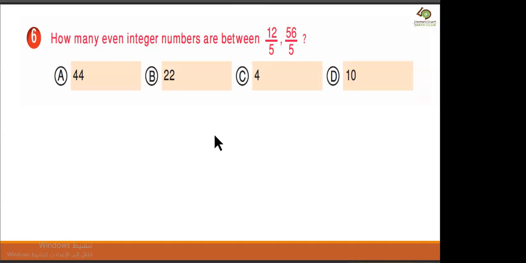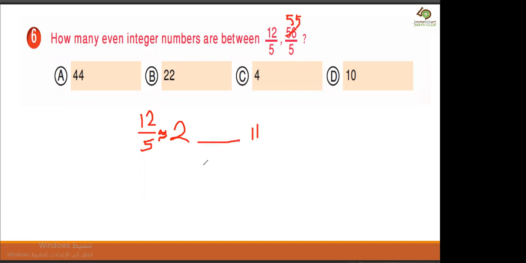So what I will do here, 12/5, you write it approximate. What do you think? 12/5 approximate is what? Is 2, right? And 56/5, you write it here, 55. So 55 divided by 5, it is what? It is 11, right? So you write the answer here.